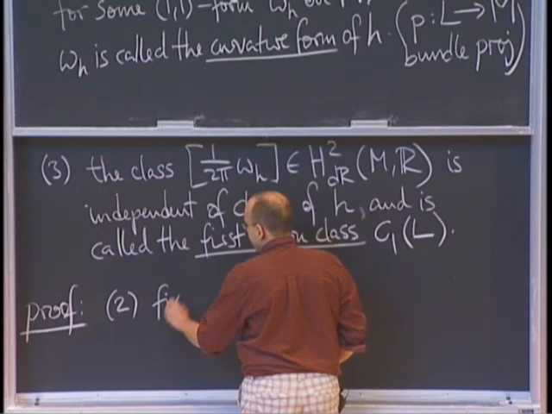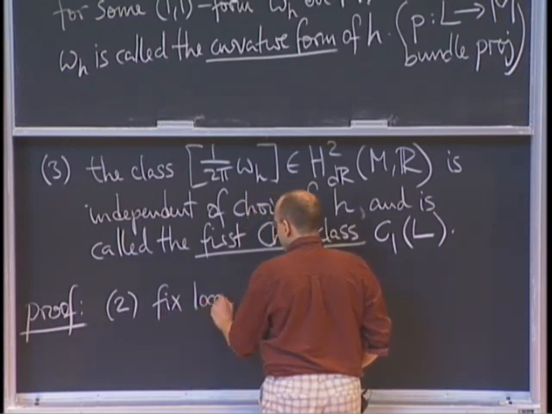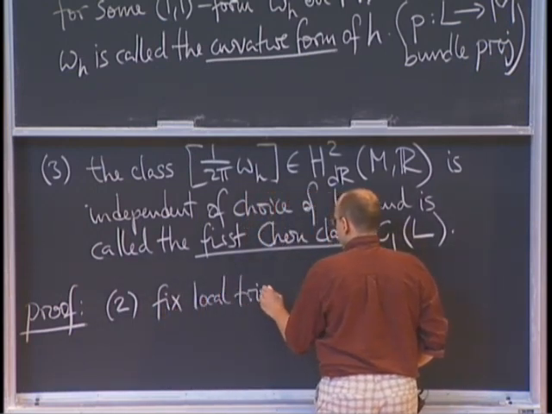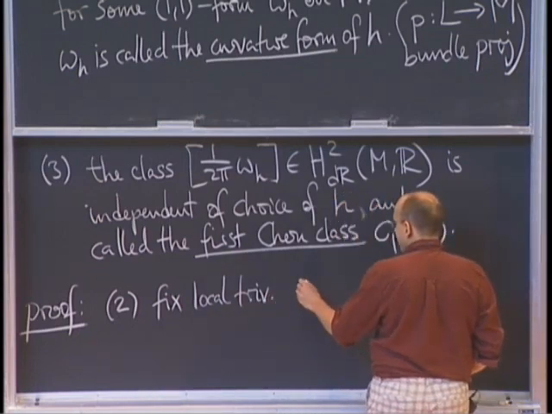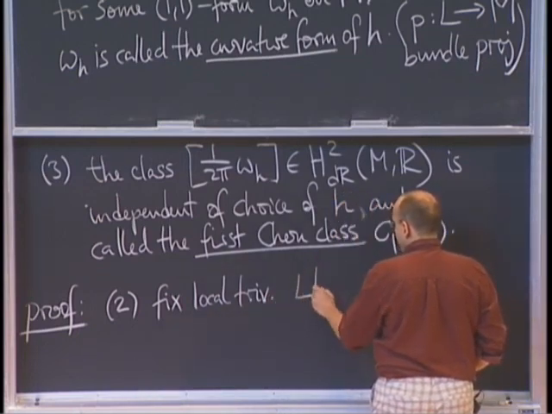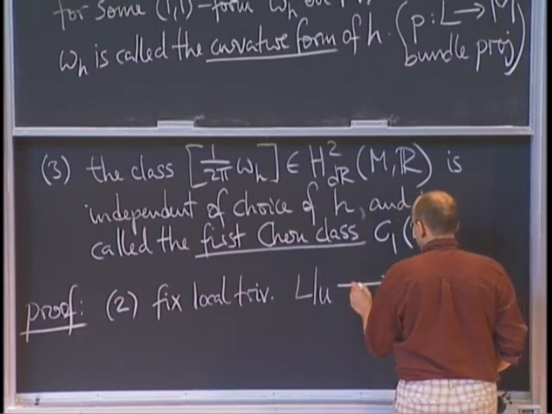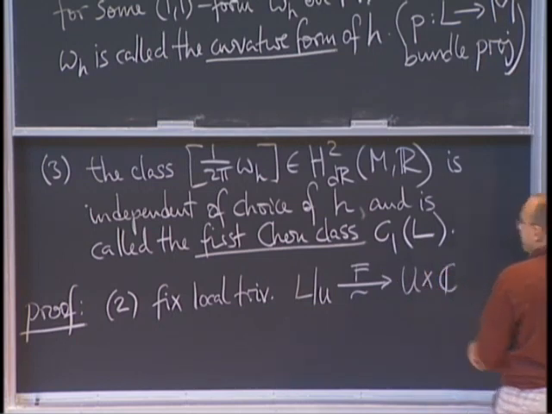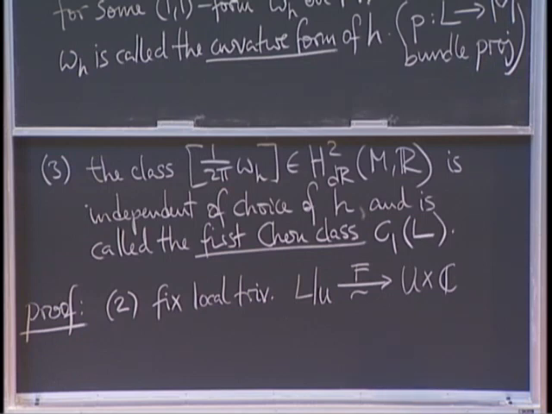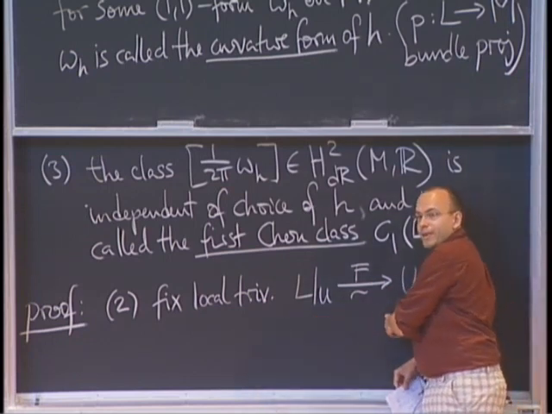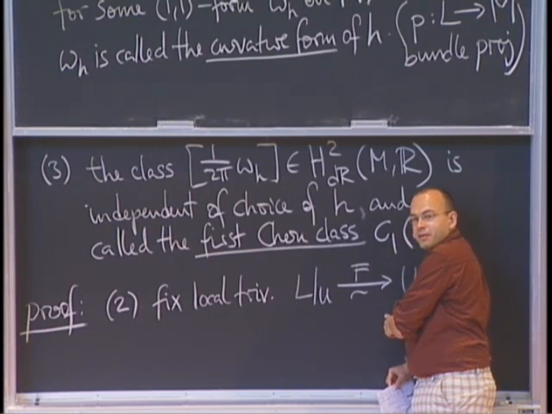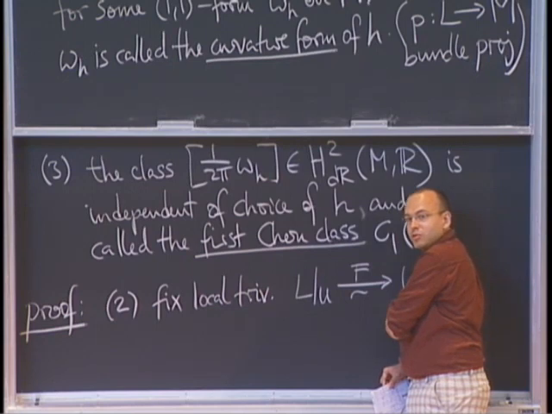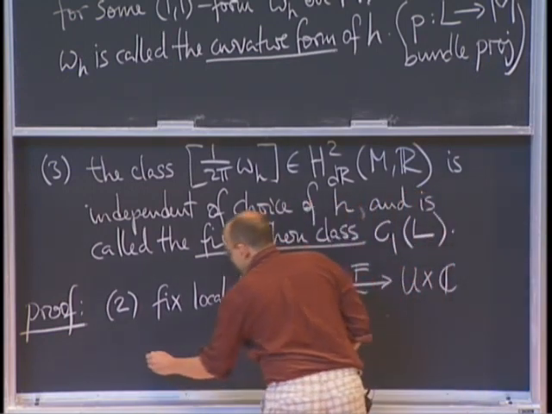So we fix a local trivialization of the line bundle, an isomorphism F to the trivial line bundle over some chart. And if I pull back the Hermitian metric under this isomorphism, then I'm claiming that there's a very simple way of writing it in these local coordinates.